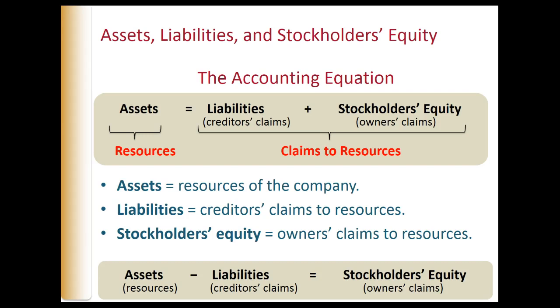So, for our purposes, we always say assets equal liabilities plus owner's equity. But if you're looking for the stockholders' equity section, you can take the liability section over on the other side and say assets minus the liabilities equal stockholders' equity. Or, let's say you're looking for the liability section, you could say assets minus the stockholders' equity equal liabilities.